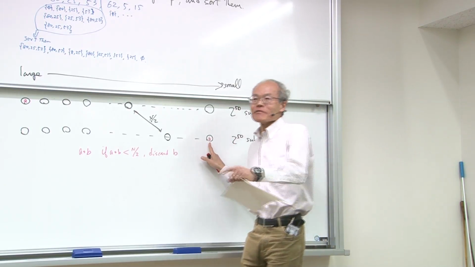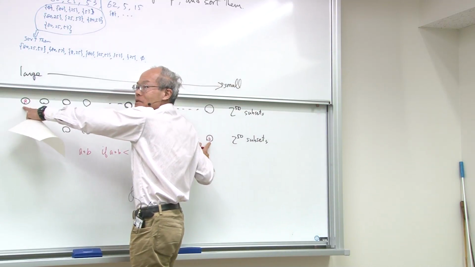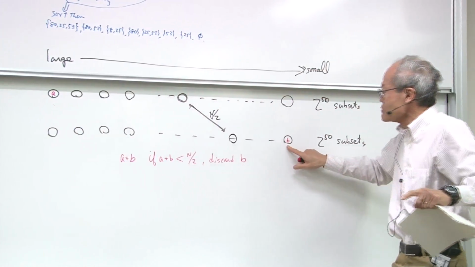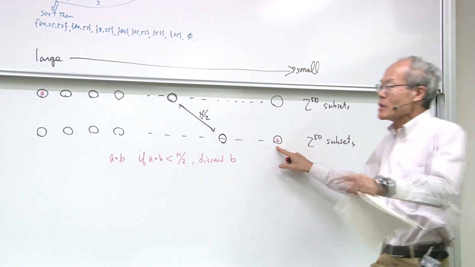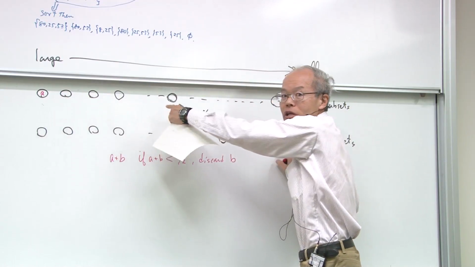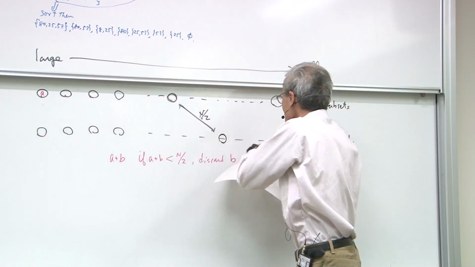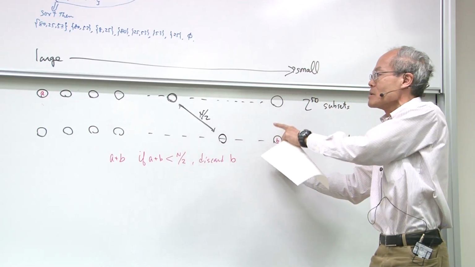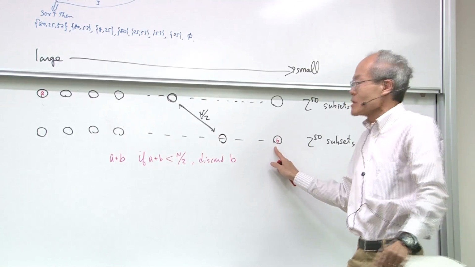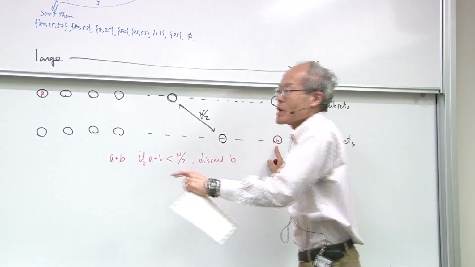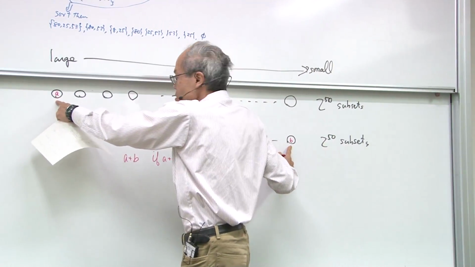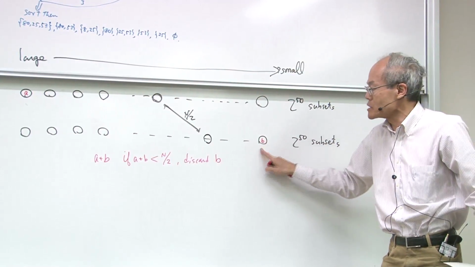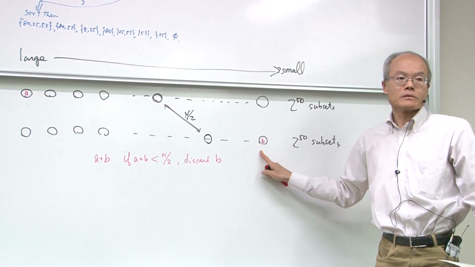The sum of this guy and this guy is not enough. We need more. But as far as we use this guy, the other guy's value is smaller than A. That means, as long as you use this B, you can never make n over 2, right? Because if you use this one, the other guy is the largest one, but it's still not enough. Then this guy is useless. Just discard.